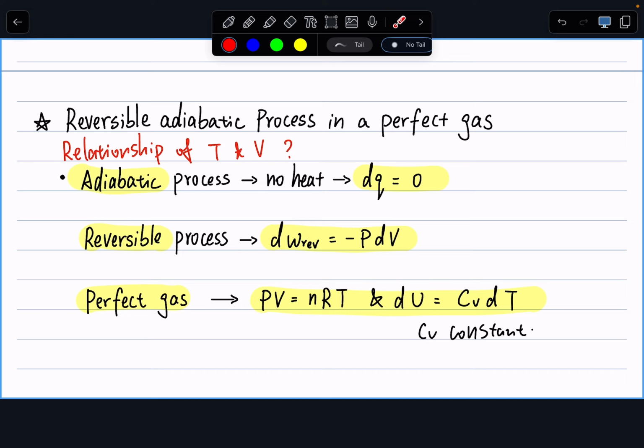Then doing that integral becomes ln T2 over T1, where 2 is some random state and 1 is some random initial state, equals negative nR over Cv times ln V2 over V1.